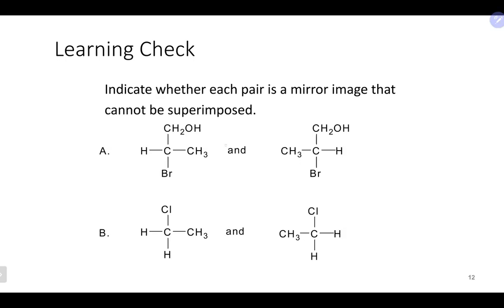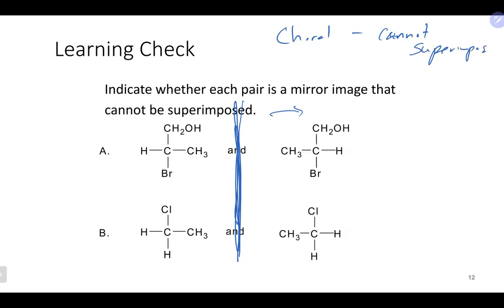There's a mirror right there, and on the right is our reflection of what's on the left. But what we do know is a chiral molecule cannot superimpose, right? And an achiral, you can superimpose. So really what we want to figure out is, are these chiral or achiral?